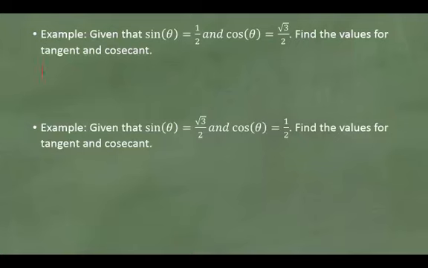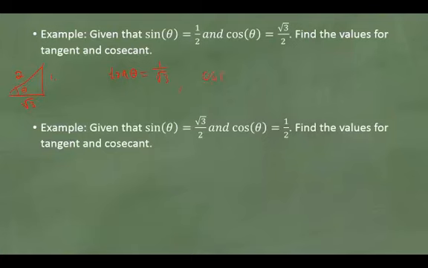That means that if you have some triangle, the side opposite of theta would be 1. In other words, the y part of it would be 1, and the r part would be 2. This should be square root of 3 over 2 for cosine, so everything matches up. Anyways, tangent theta is y over x, so 1 over the square root of 3.